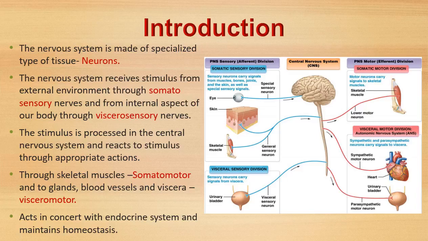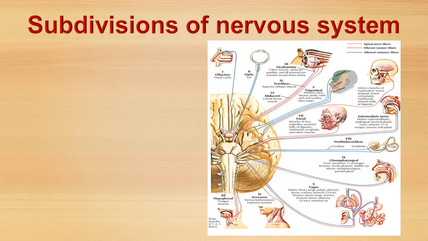Our body takes part in various mechanisms in maintaining the internal environment. For example, in a very hot climate you sweat a lot. Are you able to understand? This is one of the mechanisms of homeostasis.